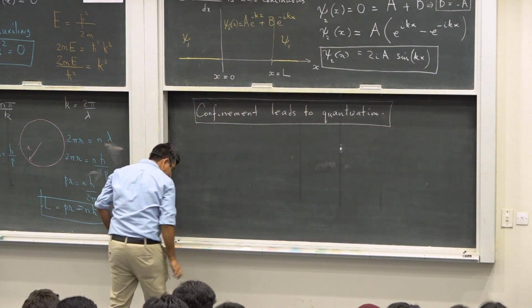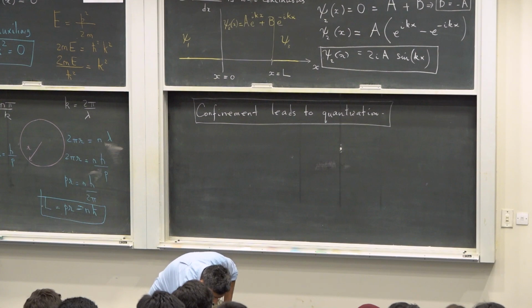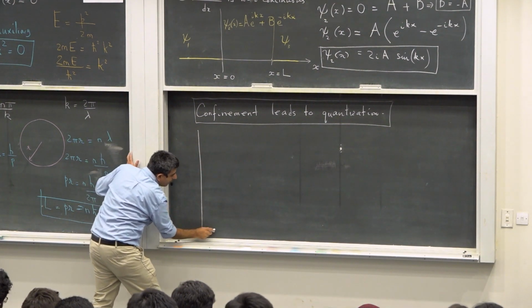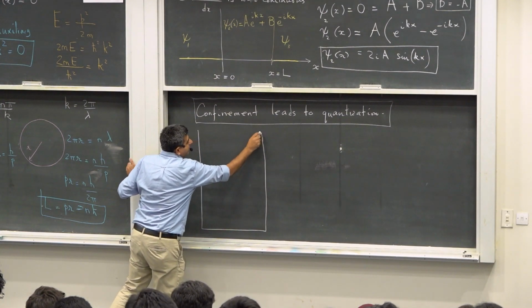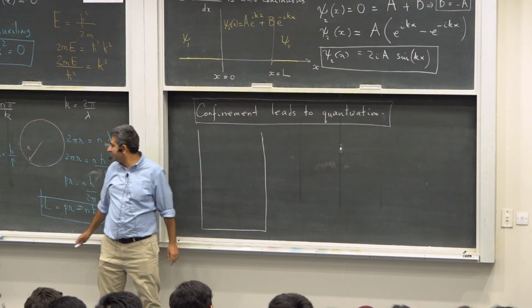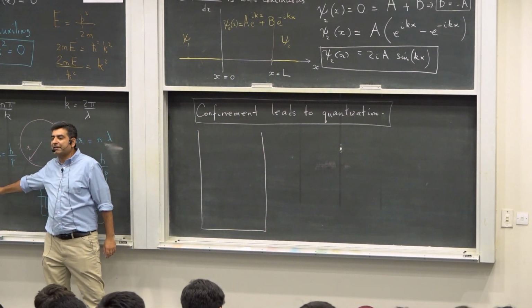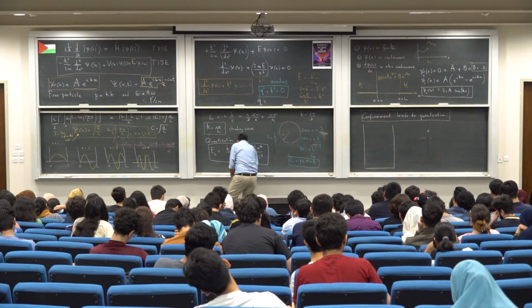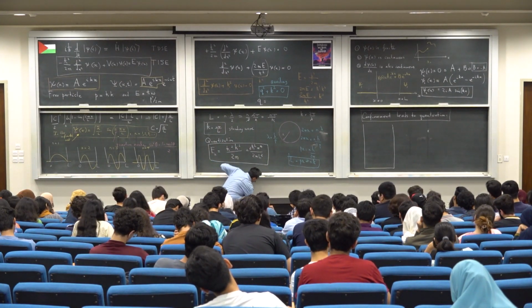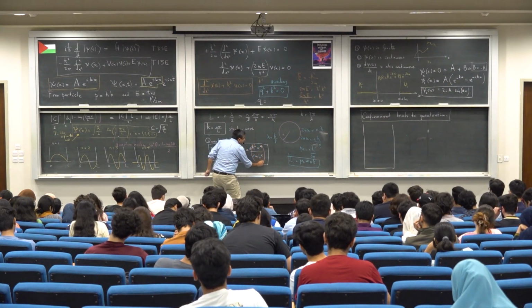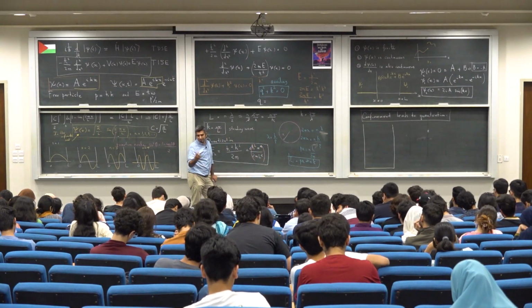So if I were to draw this infinite well, for n equals 1, this energy is, let's call this part E1.